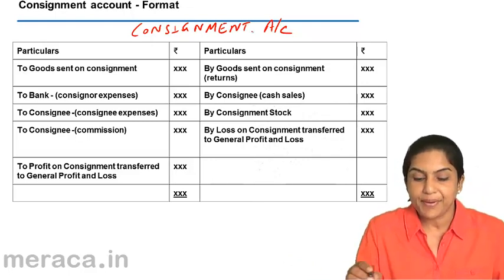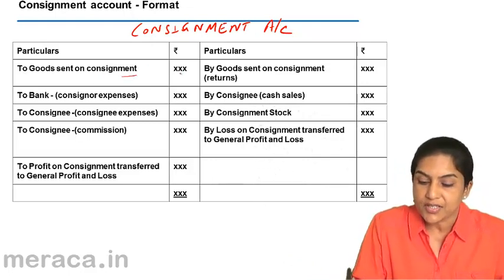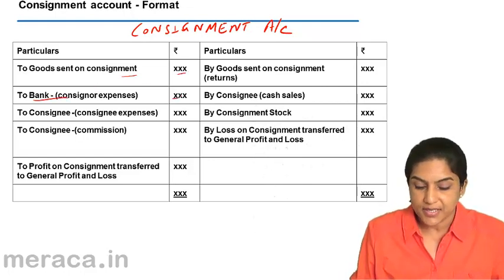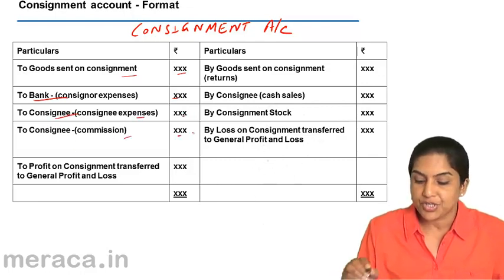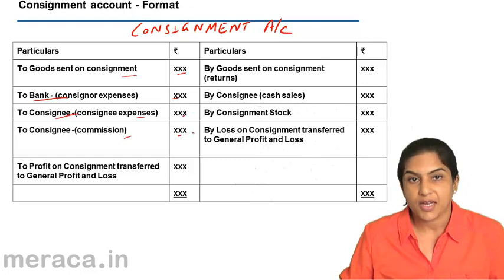Consignment account is debited with the goods sent on consignment cost, all expenses which are incurred by the consignor, expenses which are incurred by the consignee, and commission of the consignee.